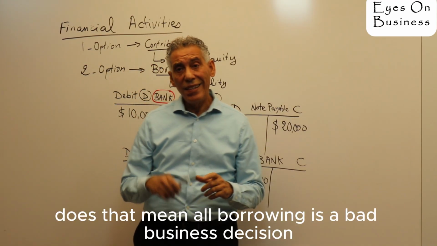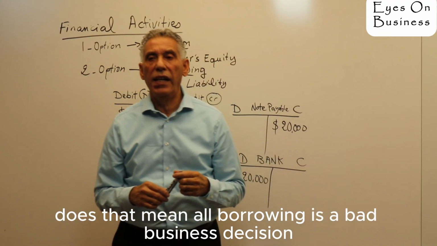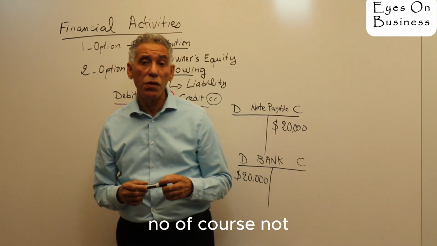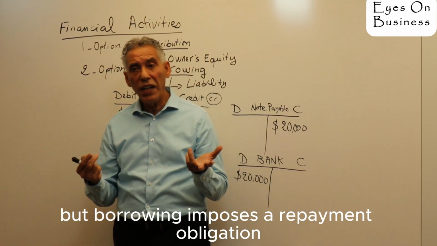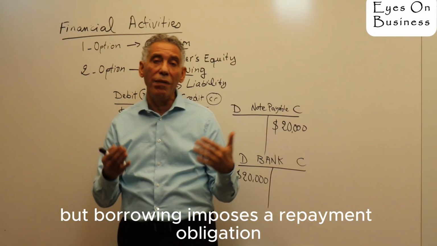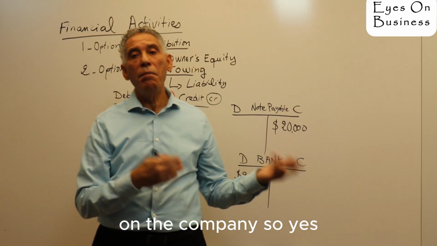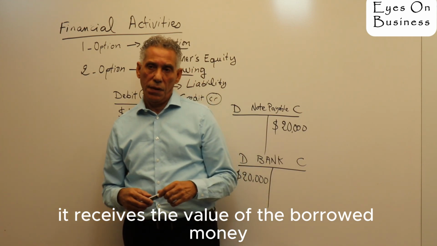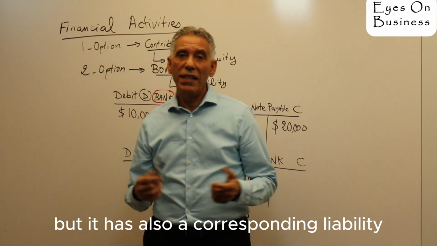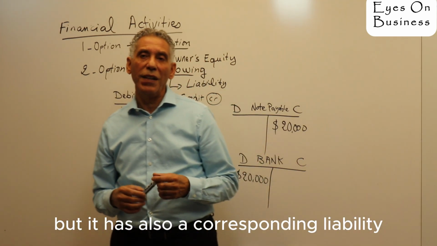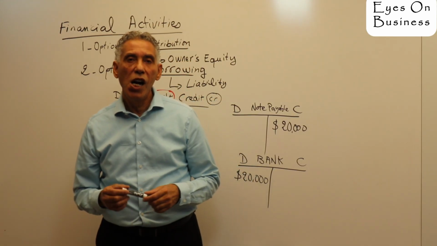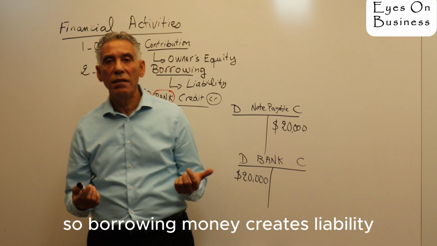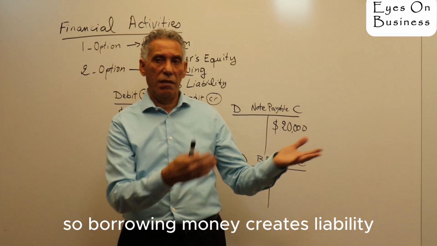Does that mean all borrowing is a bad business decision? No, of course not. But borrowing imposes a repayment obligation on the company. So yes, it receives the value of the borrowed money, but it also has a corresponding liability or debt on its books. So borrowing money creates liability.